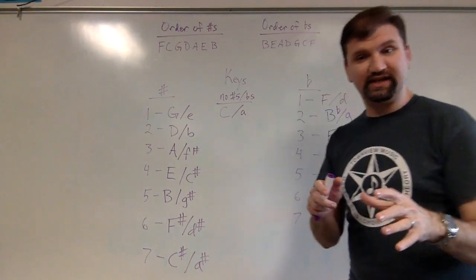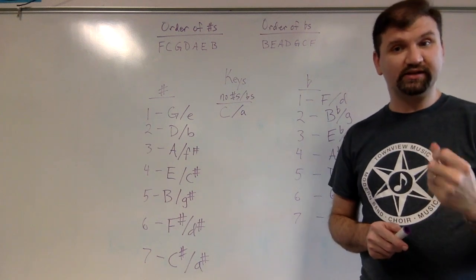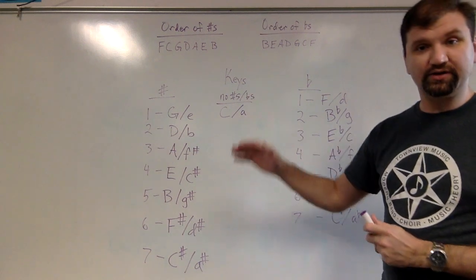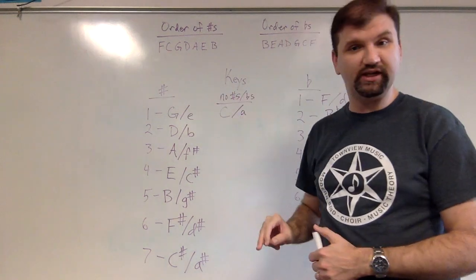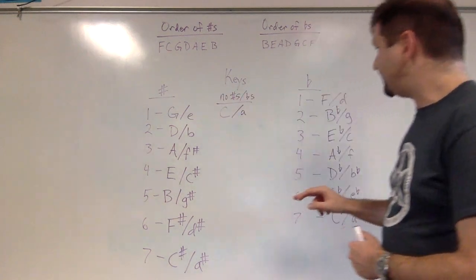The only difference is it starts on something else. The same pattern, same notes, it just starts on a different note. This starts on F and this starts on B.